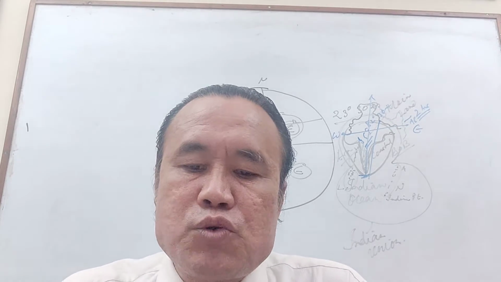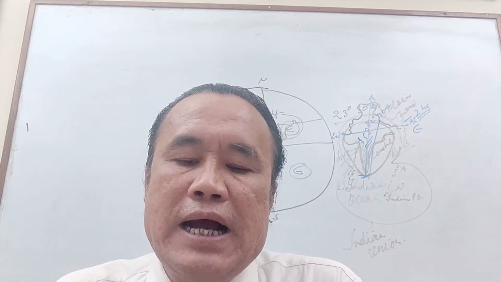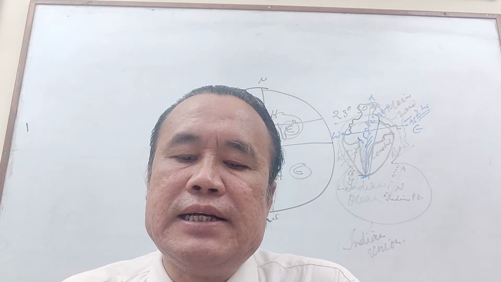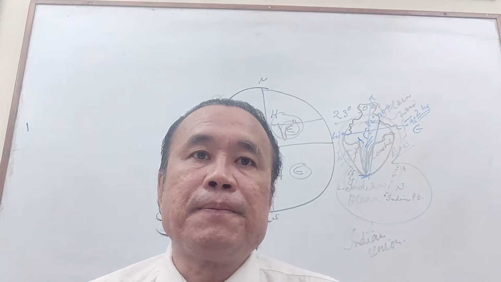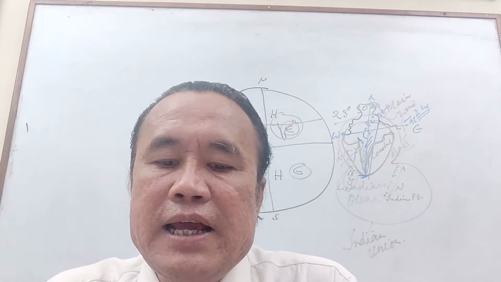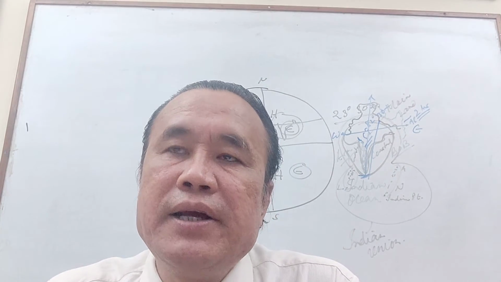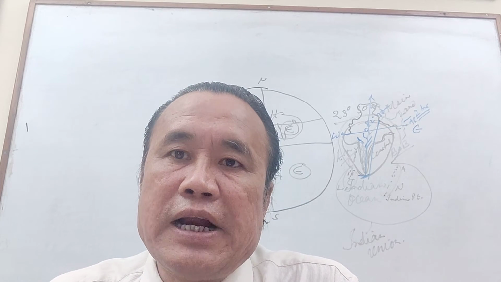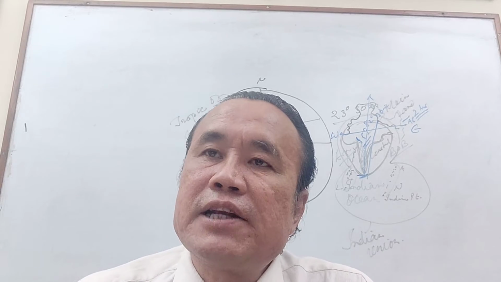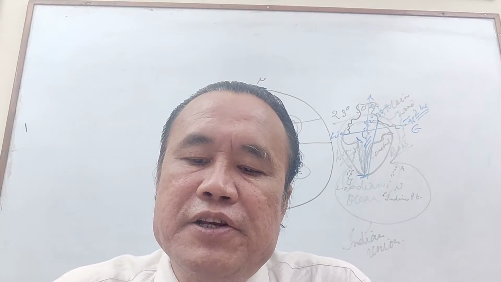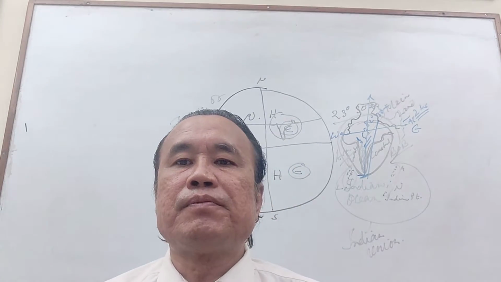So now, these questions you need to answer. Why has 82.5 degrees east, or 82 degrees and 30 minutes east, been selected as the standard meridian of India?